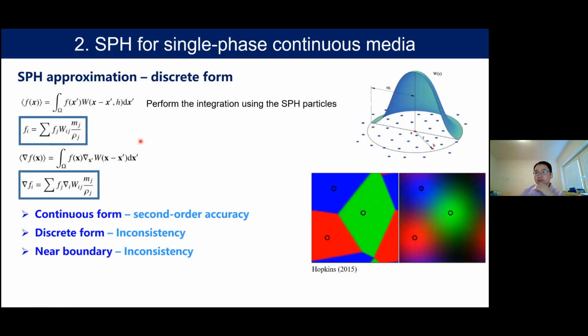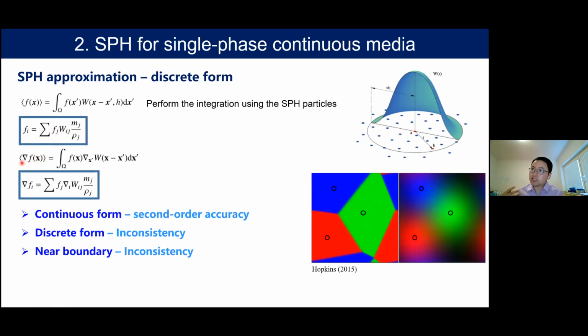But the thing here is that because we didn't exactly compute the volume in a geometric way, and we only compute the volume using some very weak considerations, it is possible that the summation of all the weighting functions is not equal to 1, which means that the approximation here is inconsistent.